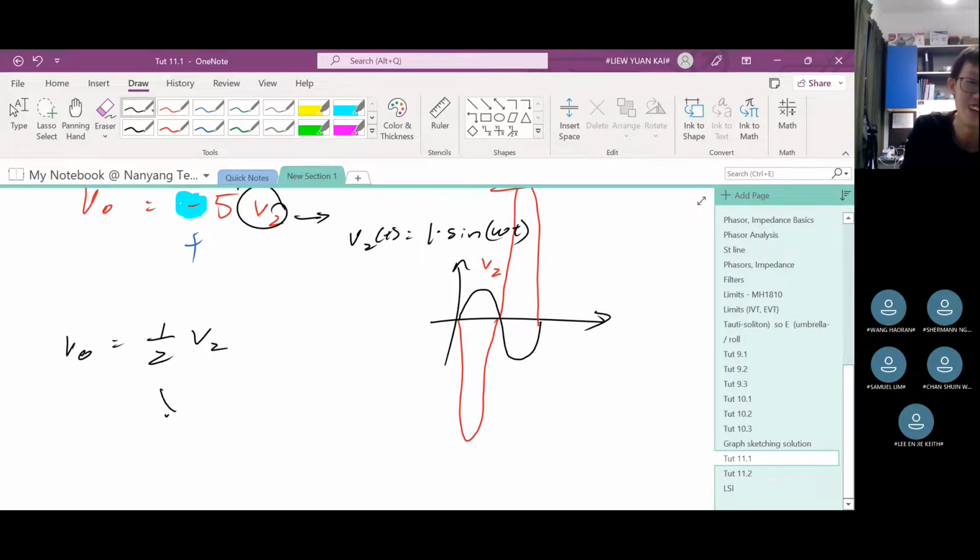If you want to give it a fancy word, you reduce the input, right? So it's called attenuation, right? You reduce the input. Attenuate means getting weaker, okay? In English, attenuate means getting weaker. In circuits, attenuate means I make the amplitude of the input smaller, right?